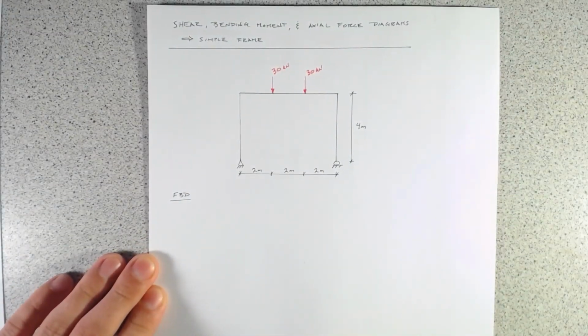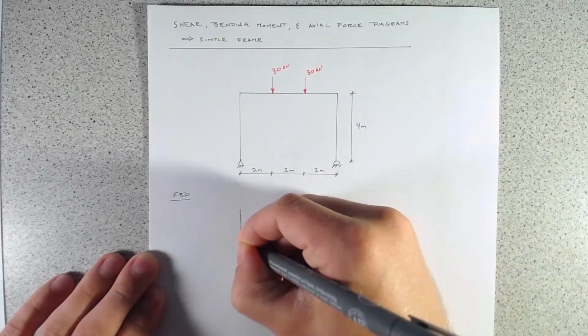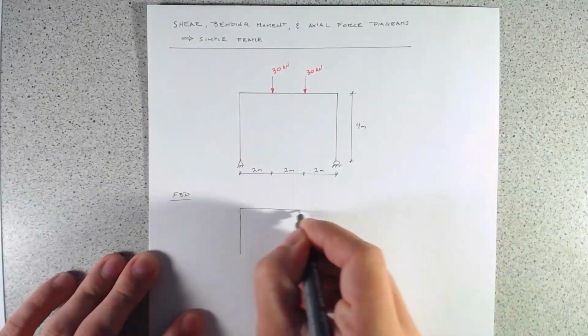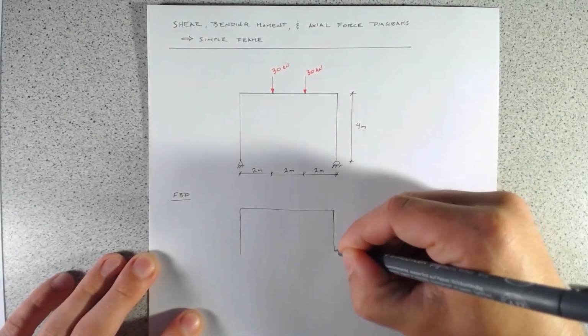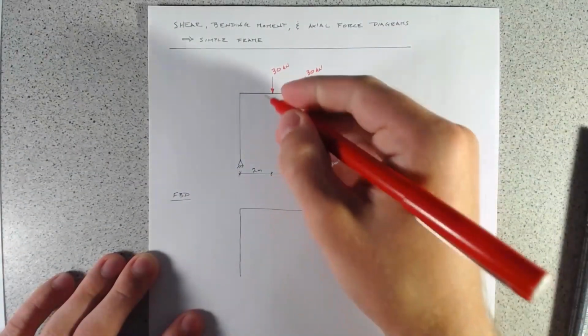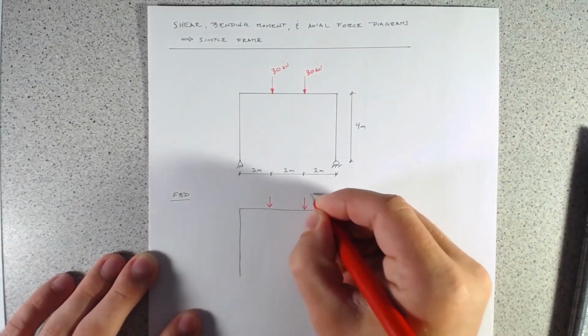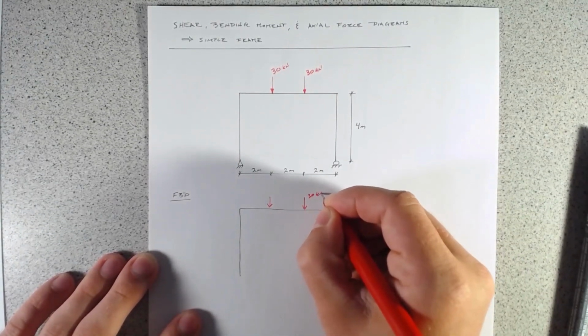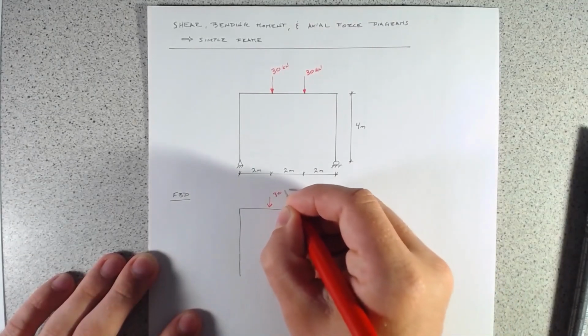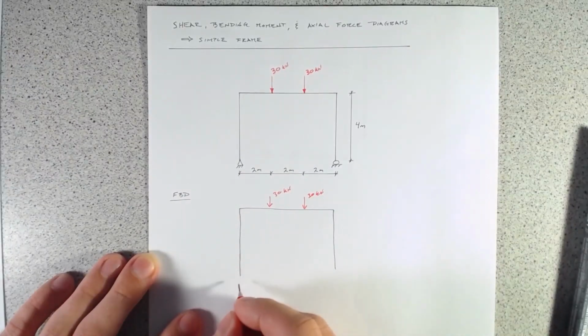our free body diagram of this little structure. We'll just draw her up here, and we'll put the loads on there. That's 30 kilonewtons and 30 kilonewtons. We have a pin on this side.